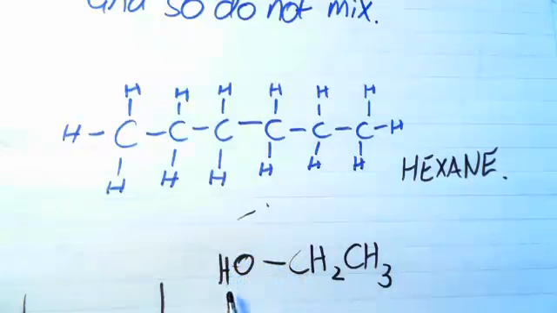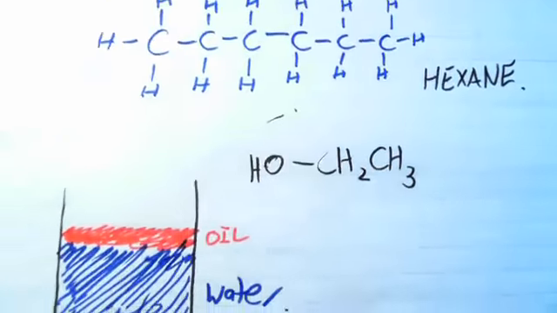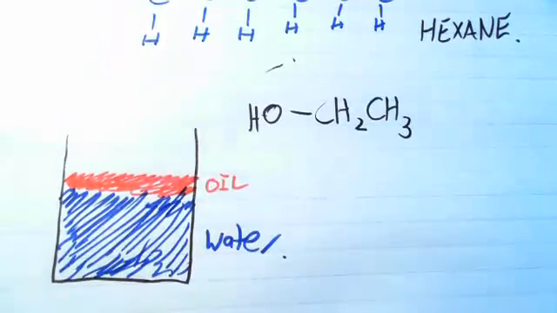So this group here is actually quite polar. So ethanol will dissolve in water because it'll form these hydrogen bonds, and so it's in fact called hydrophilic. So hydrophilic molecules are those which dissolve in water, whereas hydrophobic are those which don't dissolve in water, don't interact with water very well, don't interface with water.